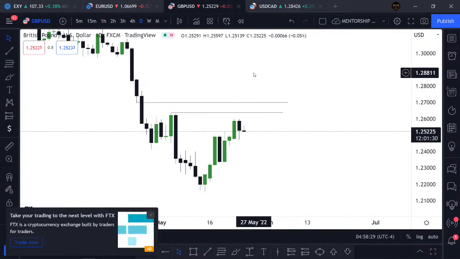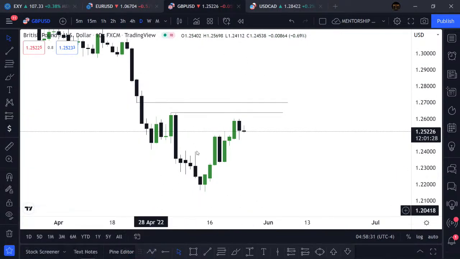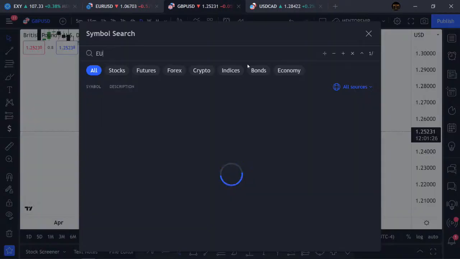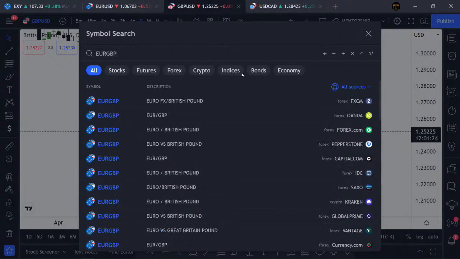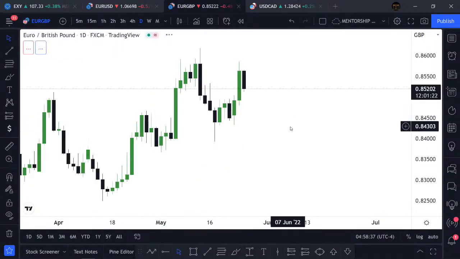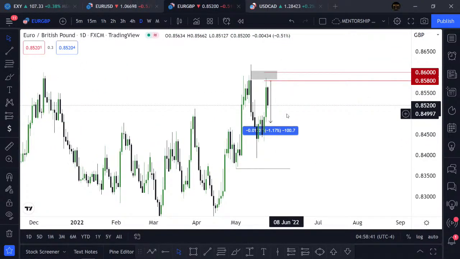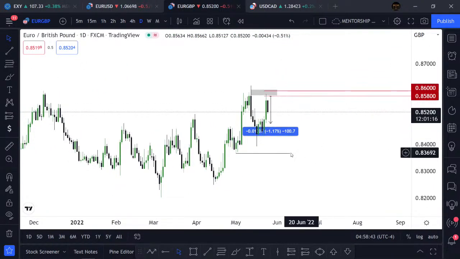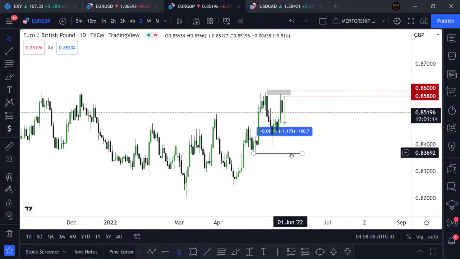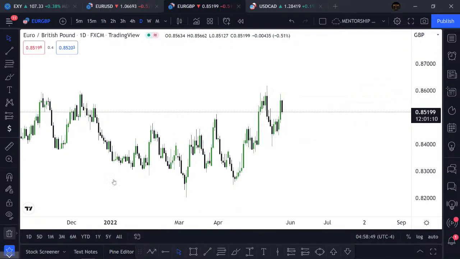So let's look at the euro pound as well. So the euro pound, still I'll be looking for opportunities to go long. Reason being, now I am doing this for position traders, okay?